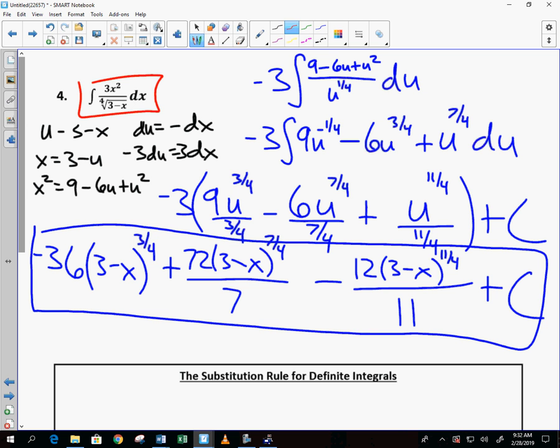We said that if you have sine of 3x, the antiderivative was negative 1/3 cosine of 3x plus c. And you can make sense of that, right? You can see how you go from one to the other. Well, it turns out that the antiderivative of this is this. And if you saw that ahead of time, wow, you were good. There's people, but not me.